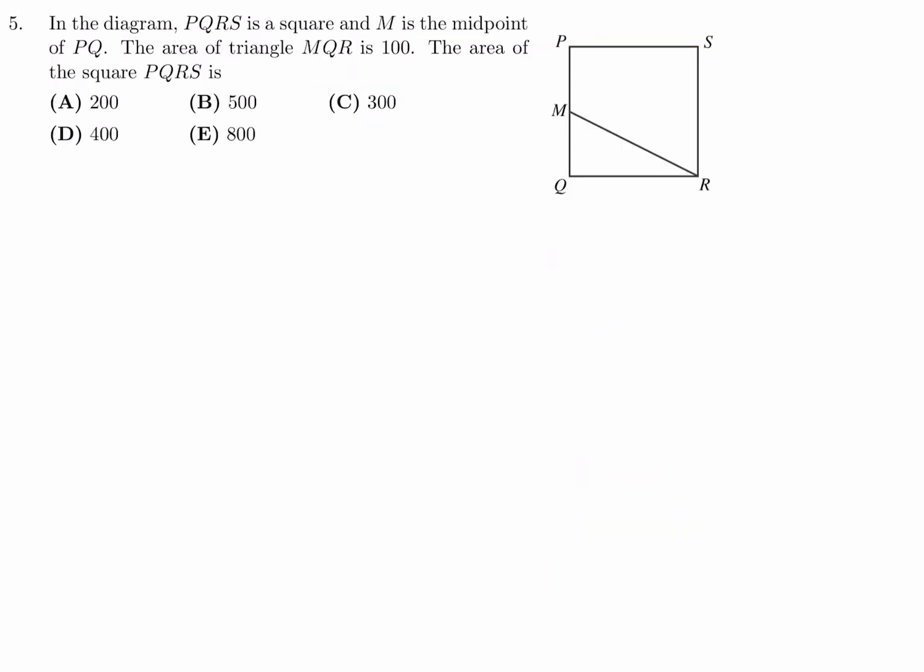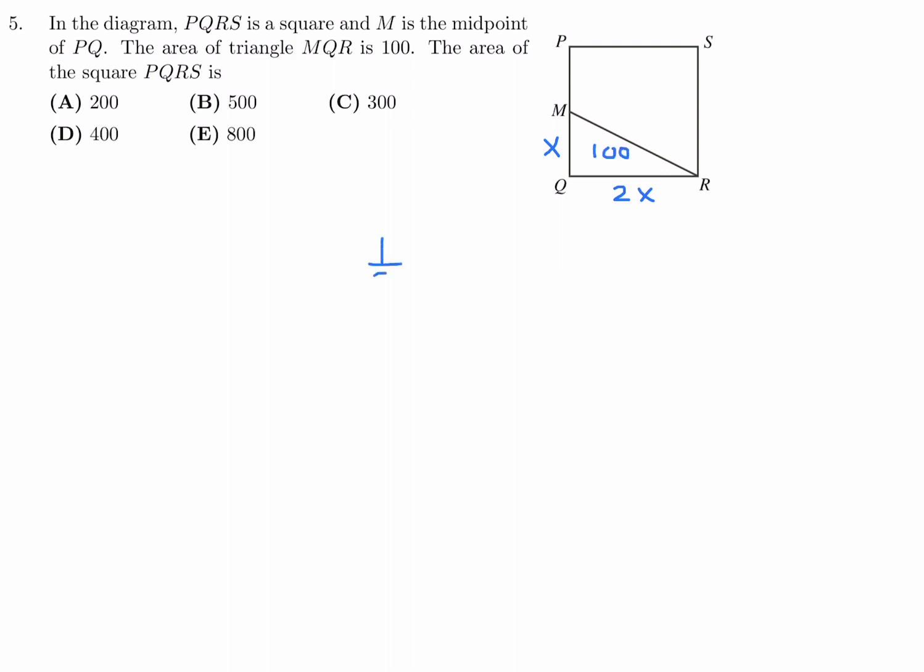In the diagram, PQRS is a square, and M is the midpoint of PQ. The area of triangle MQR is 100. The area of square PQRS is... Well, let's label this 2x, and since M is the midpoint, MQ will be x. Now they told me MQR is 100, this triangle.